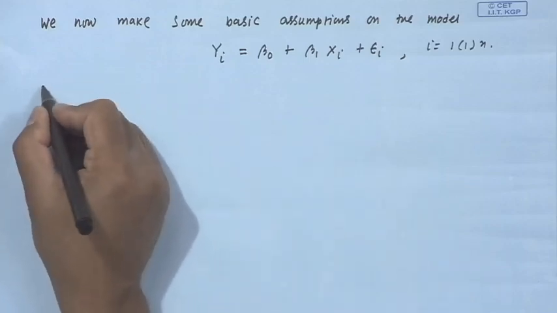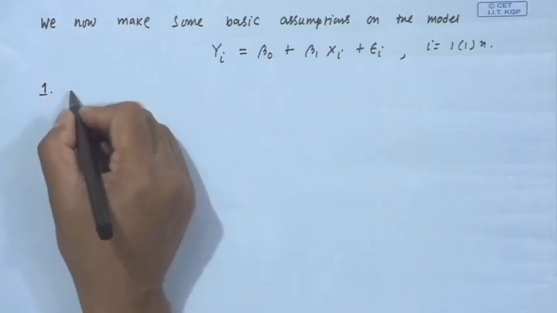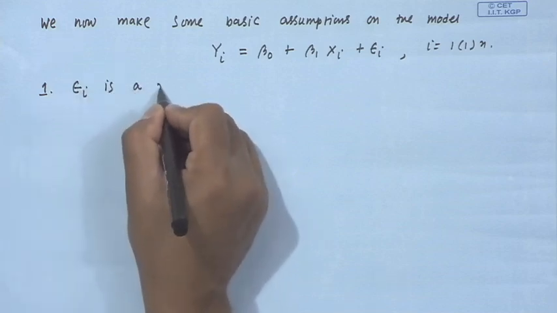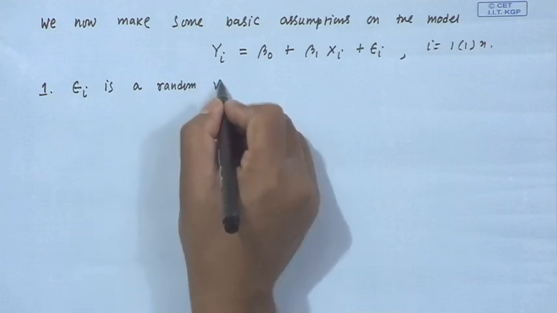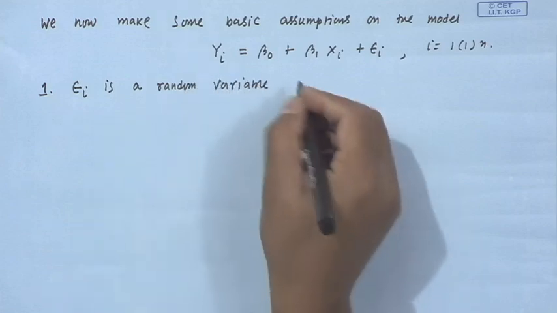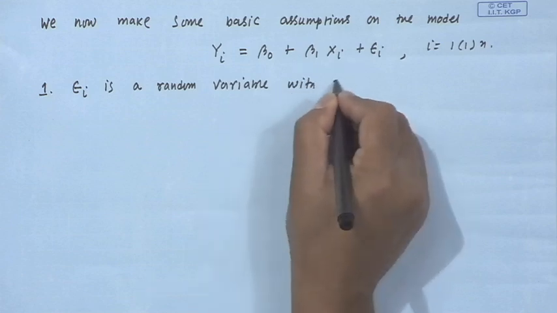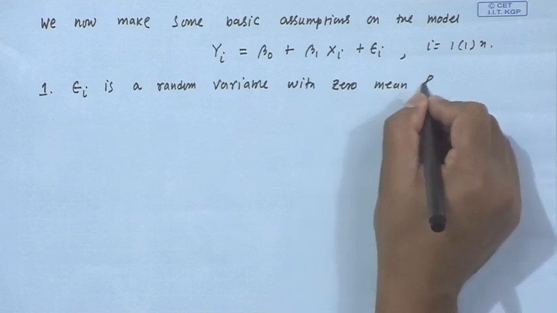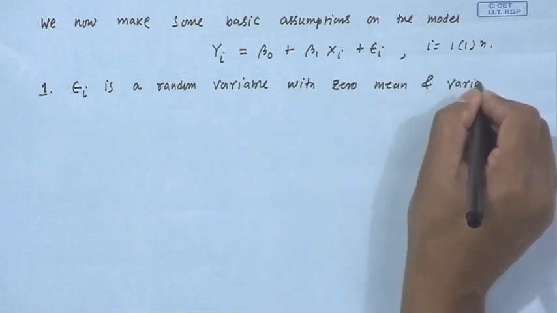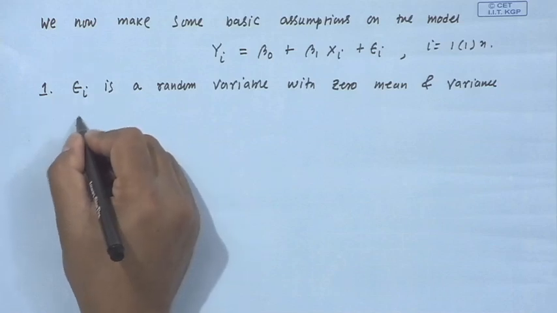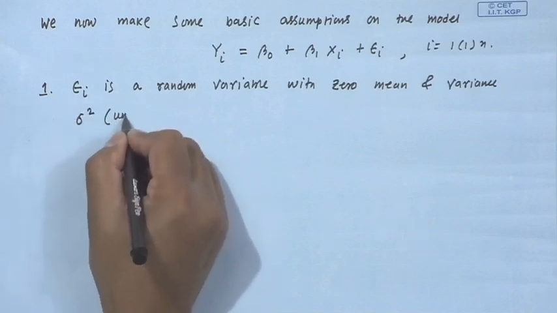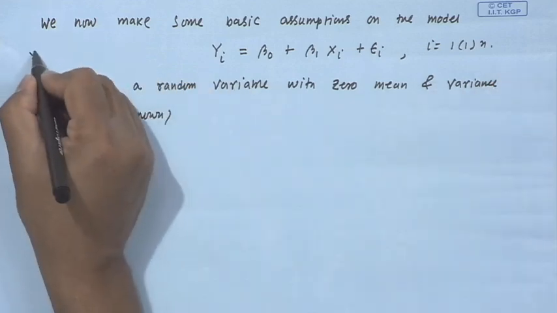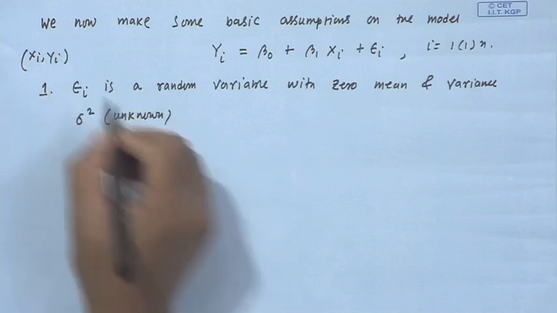So, the first assumption is that epsilon i is a random variable with 0 mean and variance sigma square, which is unknown. What you are given is just a set of observations x i, y i for i equal to 1 to n, that is all.